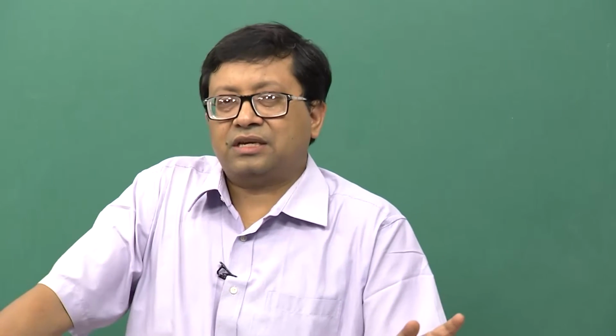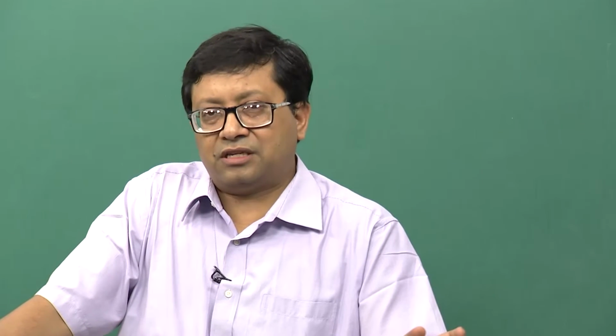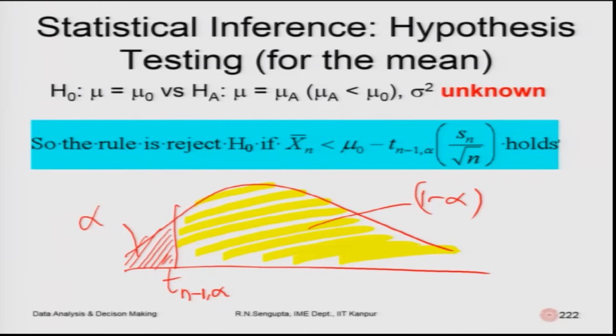So, in this case the sample mean should be less than or equal to the population mean under H naught, which is mu naught minus the value of t n minus 1 alpha. I am just giving the concept without the sign, for t it is t with suffix n minus 1 alpha, and S n. Why S n?